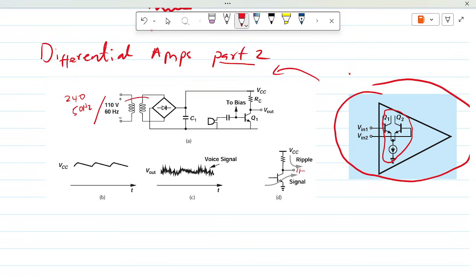This has to be stepped down by a transformer, rectified, and smoothed with a capacitor. But as we know from basic electronics, there will be ripples introduced into the VCC. These ripples might have high frequencies, and that is undesired.